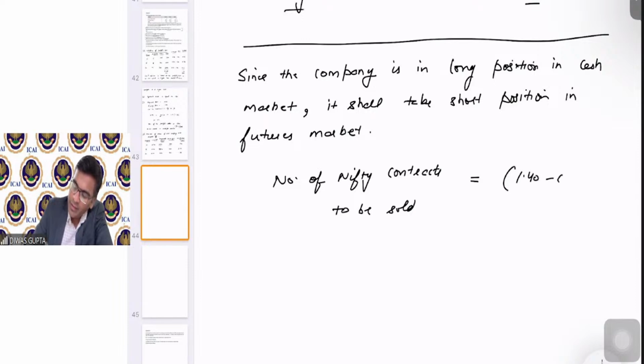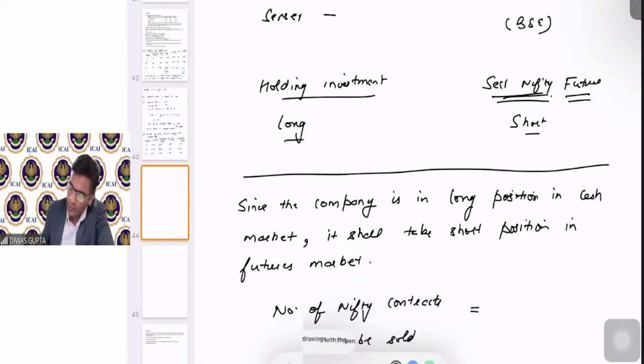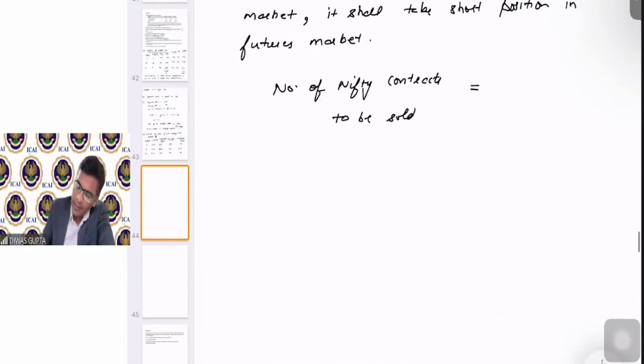1.40 is our existing beta. 0.95 is where we want to go. So we have to cover up for the difference. Let me put it down so that it's clear in terms of the values. (1.40 minus 0.95) into 20,000 lakhs.